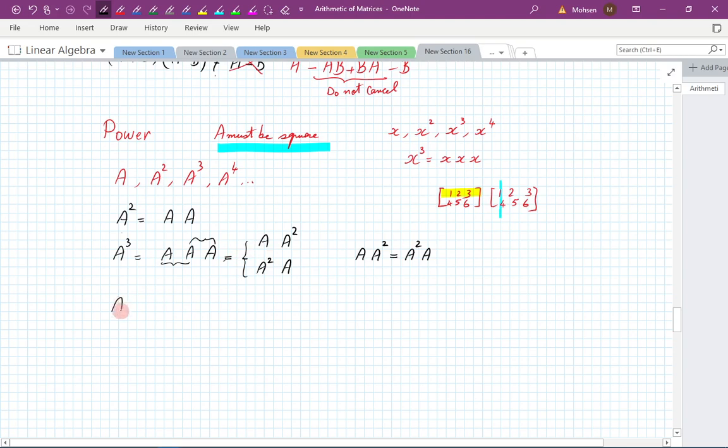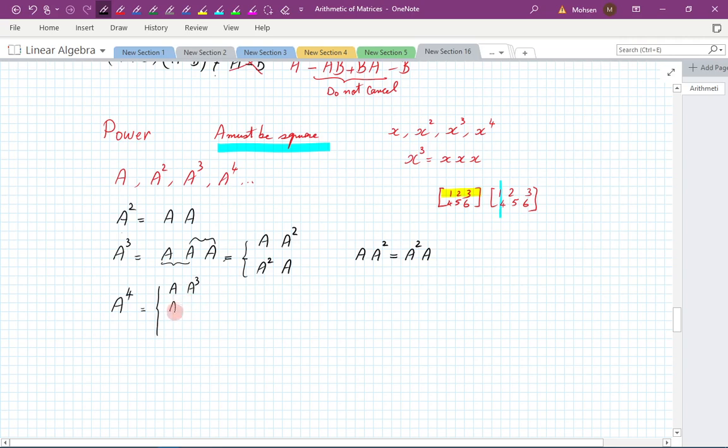Now I invite you to try to see how many different ways you can multiply A's to make A to the 4th. That's actually a problem in a field of mathematics called discrete mathematics, where you count how many different ways you can do something. Well, I can do, for example, A and A cubed. What else can I do?